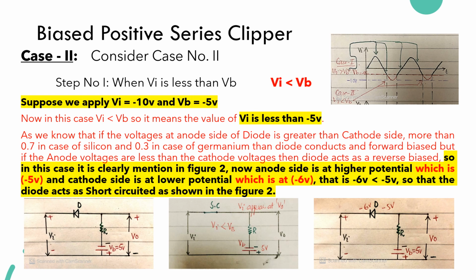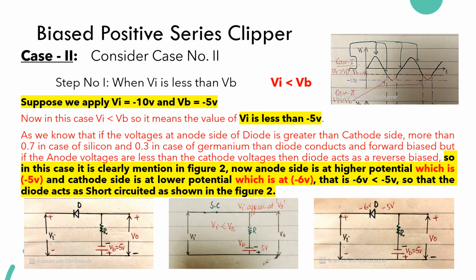Now the anode side is at higher potential, which is minus 5 volts, due to the battery voltage Vb of minus 5 volts that appears at the anode side, and the cathode side is at lower potential, which is minus 6 volts, due to the condition that Vi is less than minus 5 volts.